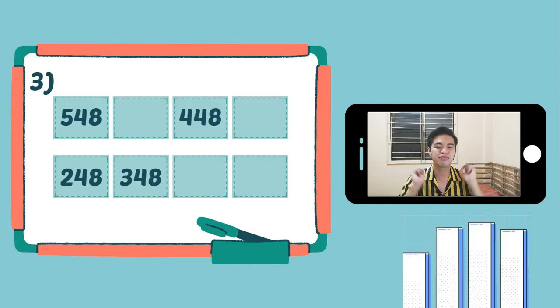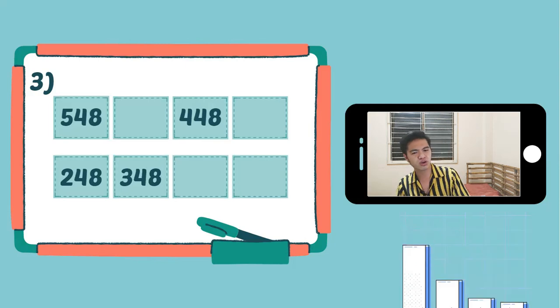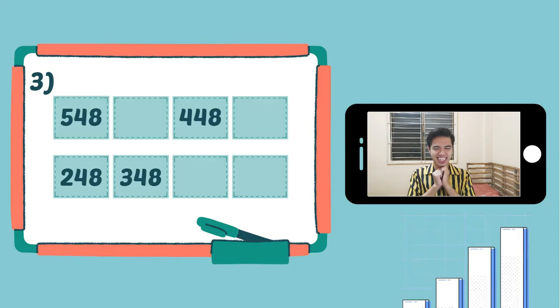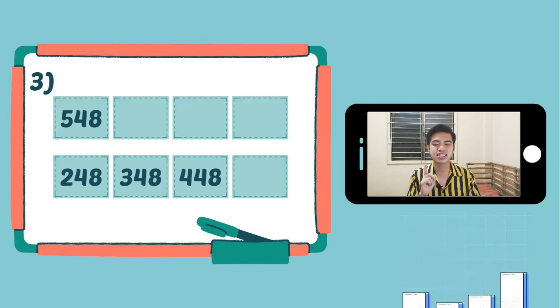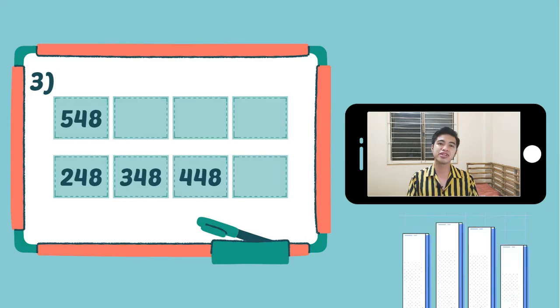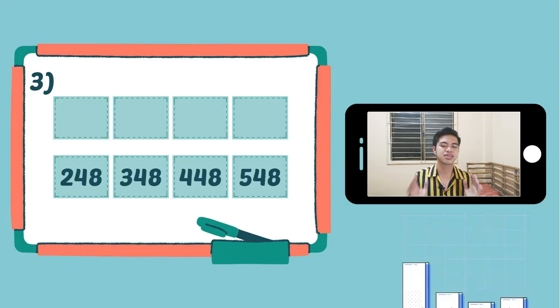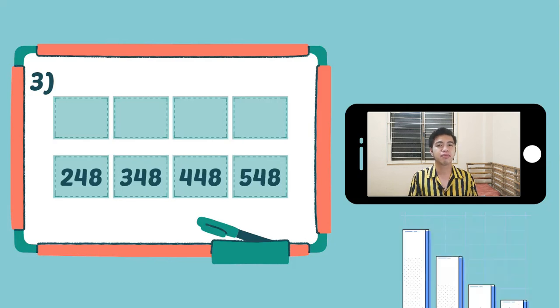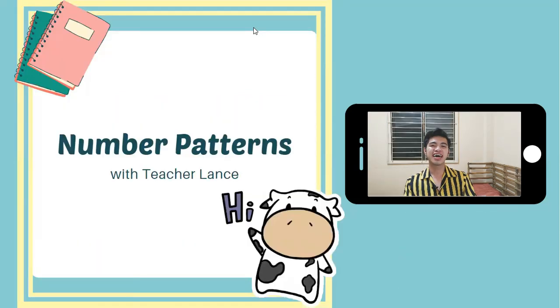So we only have two numbers left, so we will decide which is the smaller one. Is it 548 or 448? Very good, it is 448. We only have one remaining number, 548, which means it is the biggest of them all. So we're going to write it last. In this set of numbers, we will see that the pattern is counting up by 100 because each number increases by 100.